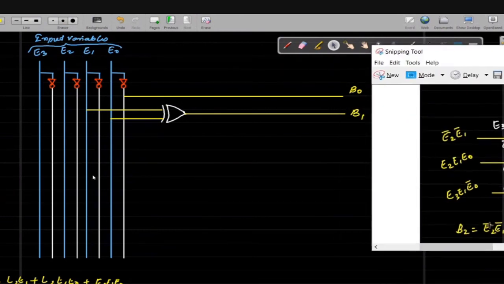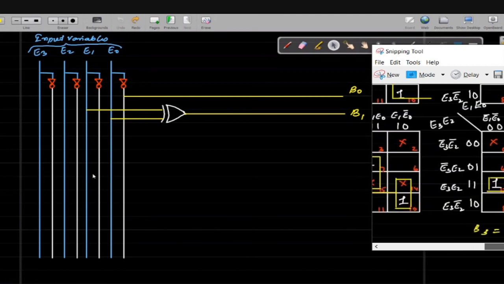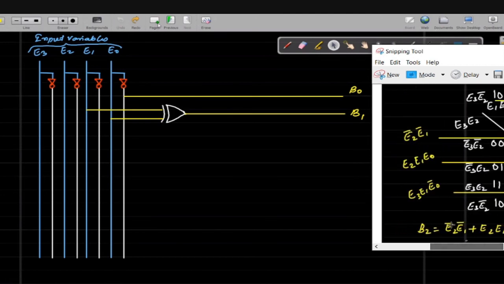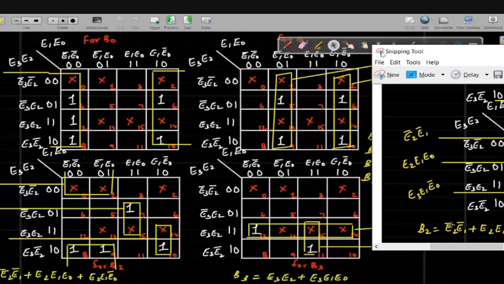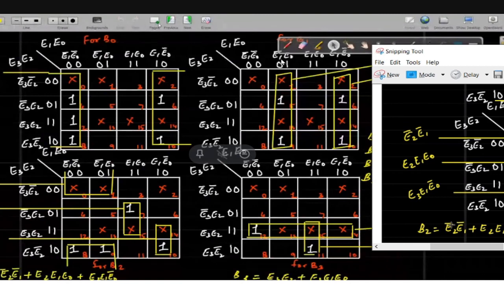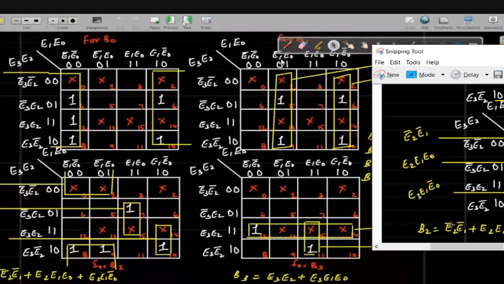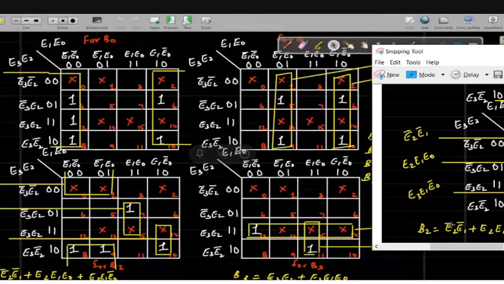It's a three product term Boolean expression. To implement all the corresponding three product terms, we require three AND gates, out of which one consists of two inputs and the remaining two will be of three inputs.